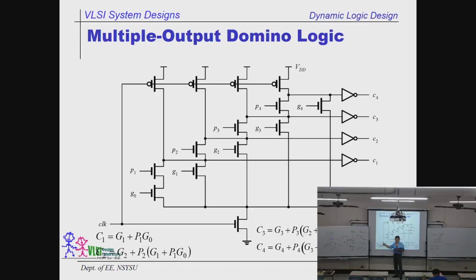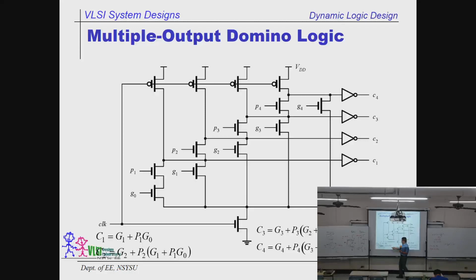The C1, the first carry, either I generate it by myself, or I can pass the carry from the previous stage. Then I will send it over to the next one. All right? So similarly, for the C2, I can generate by myself or pass the previous one.